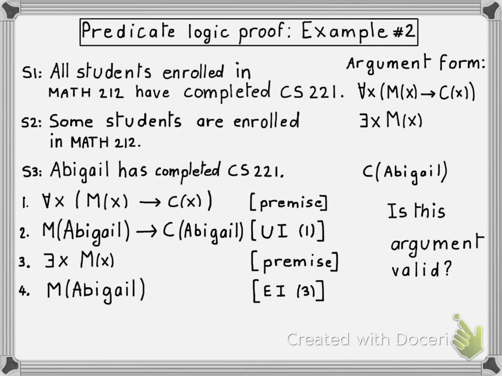And of course, Abigail already appeared in the proof over here, step 2. In other words, this is where the error lies in this proof. You're not allowed to instantiate proposition number 3 with Abigail. In other words, we made a mistake when applying the existential instantiation rule.